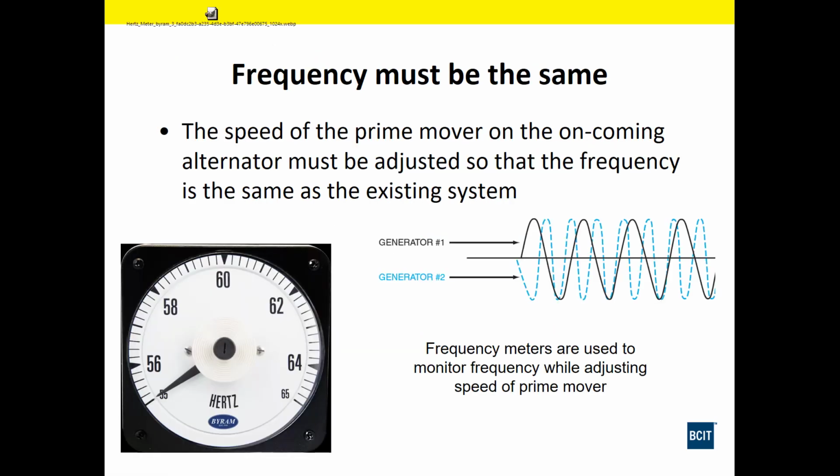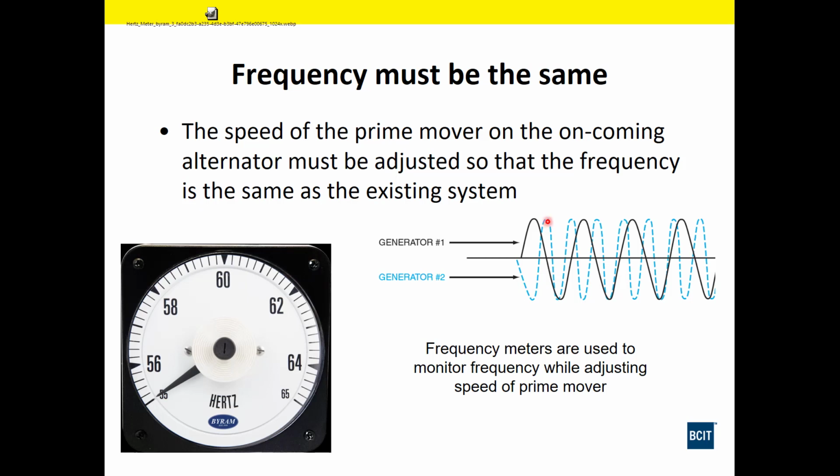So our frequency has to be the same because you have a look at this waveform right here. Okay, we have our generator 1. Let's say that's a nice 60 hertz system. Generator 2 looks like it might be 75 hertz or 80 hertz. Well, let's see what's going to happen when we're out of phase.